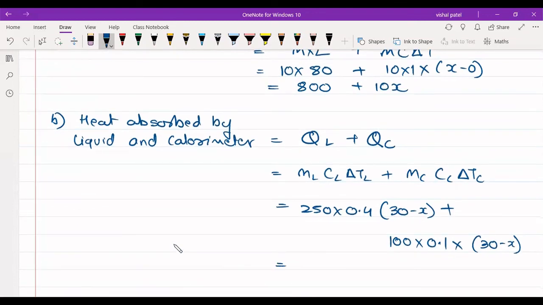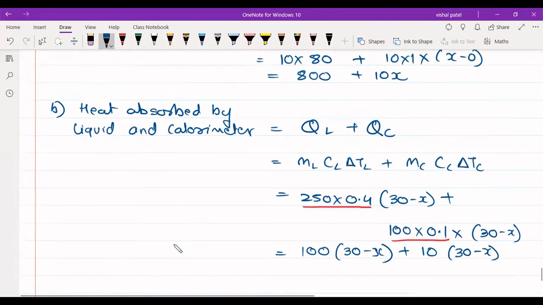So this equals, now students, what I'm doing is 250 into 0.4. Can anyone tell me the direct answer for 250 into 0.4? Okay, let's see, 250 into 0.4 is 100, into (30 minus x), plus 100 into 0.1 is 10, into (30 minus x).